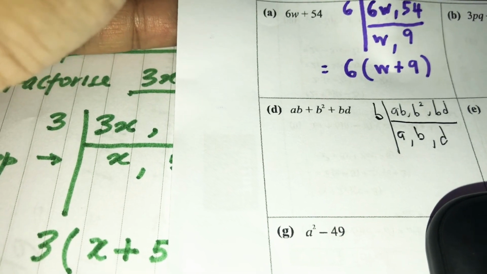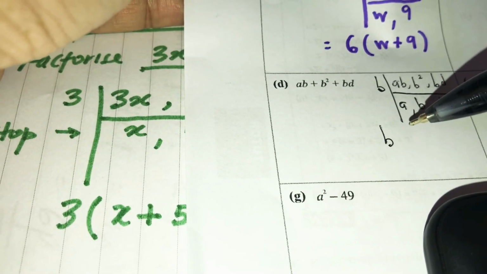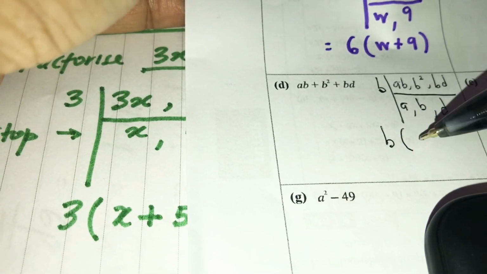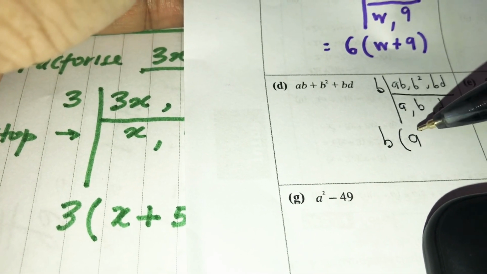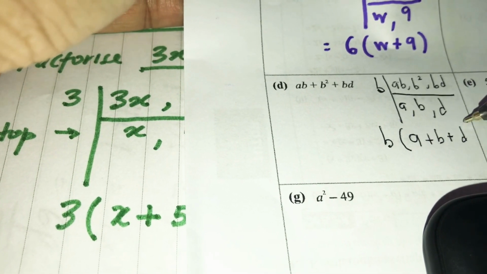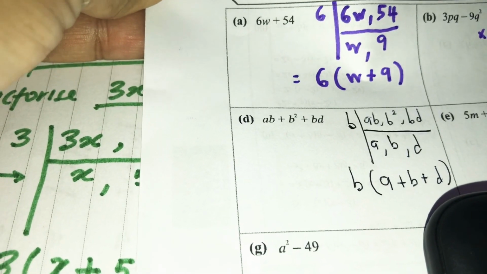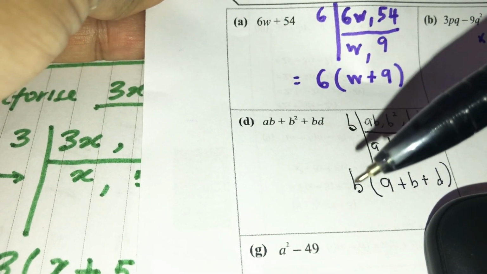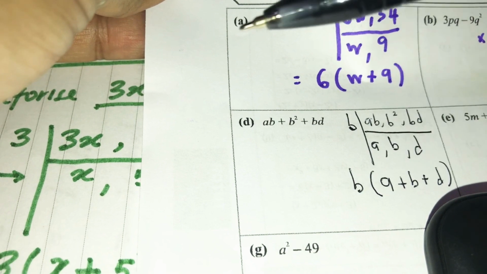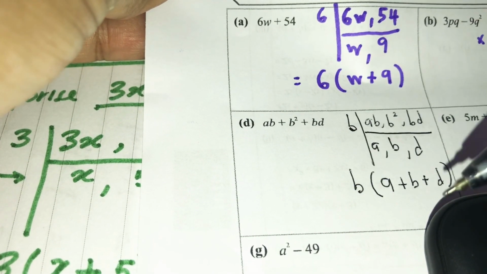So the correct answer is b, open bracket, a plus b plus d, because all are positive values. Then finish. To check back, you expand: b times a, ab. b times b, b square. b times d, bd.